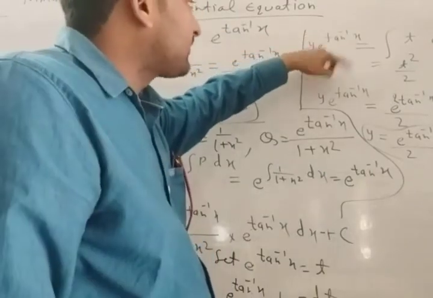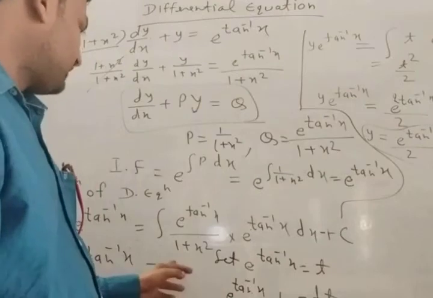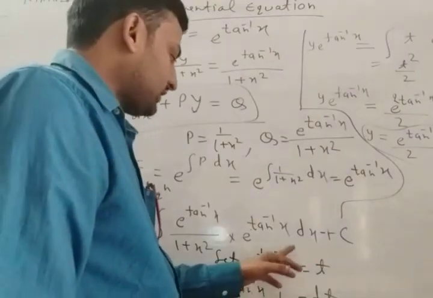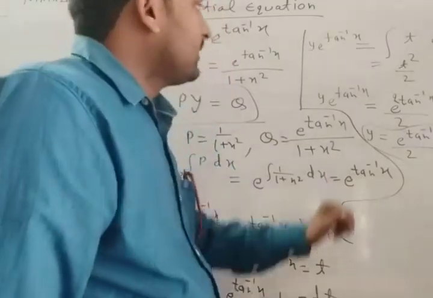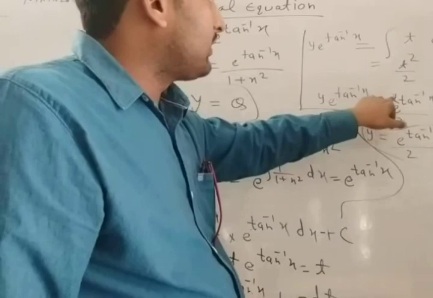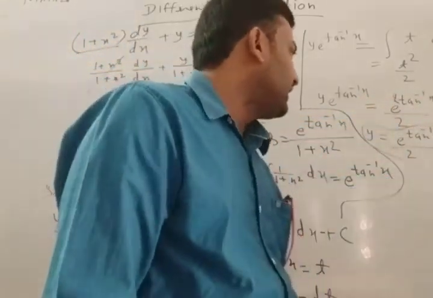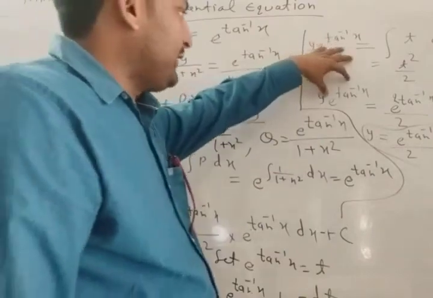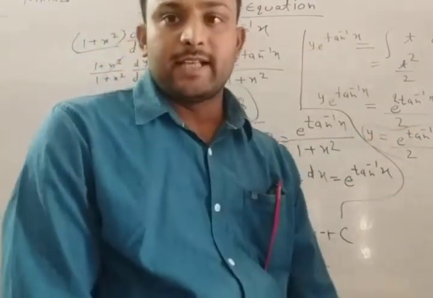And this is y e to the power tan inverse x, and this t we can write as e to the power tan inverse x. So here is the square of t, so we write e to the power 2 tan inverse x by 2 plus c, and now this e to the power tan inverse x we send to the right hand side.